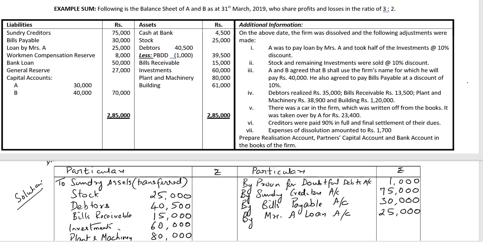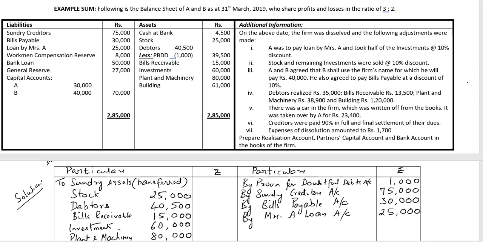The next item is workman compensation reserve. The workman compensation reserve, to the extent of the claim, needs to be transferred to the credit side of the realization account. But on scrutinizing the additional information, we find that there is no workman compensation claim against the reserve.